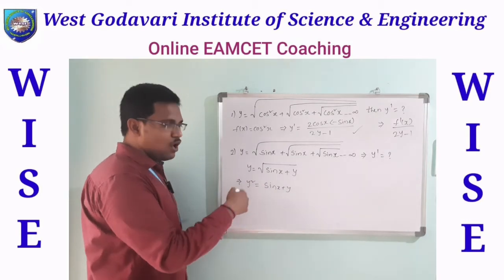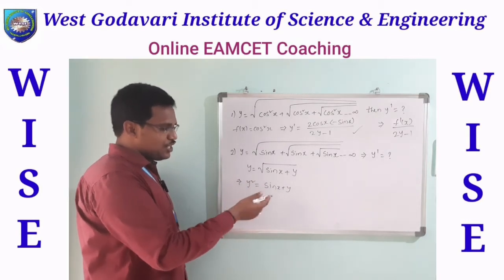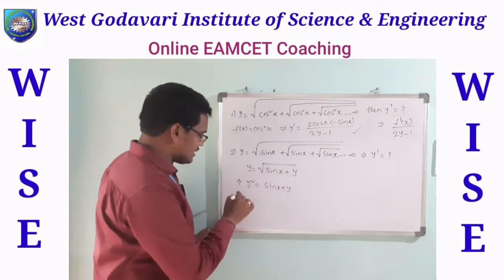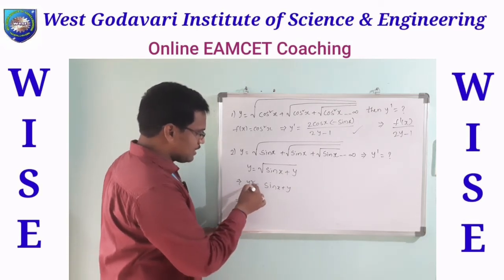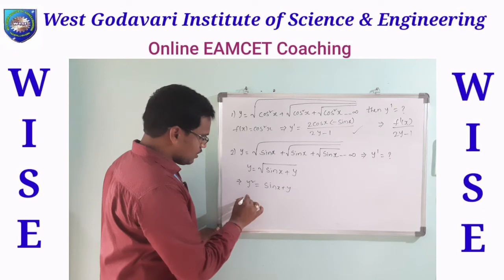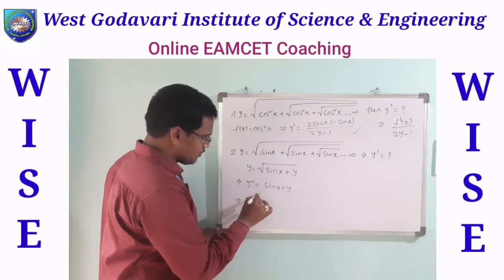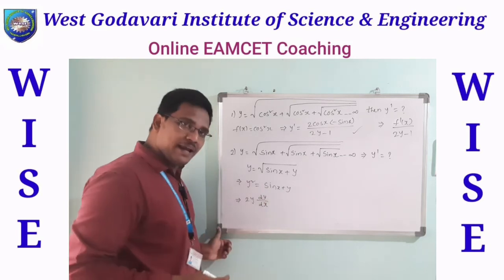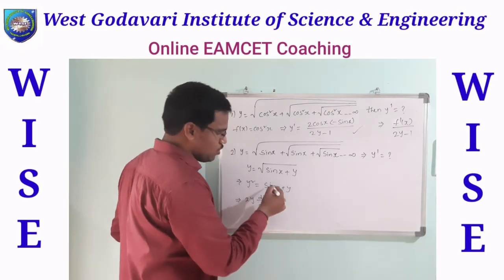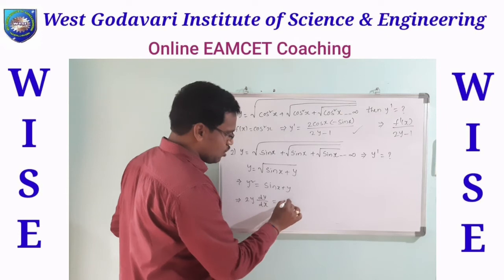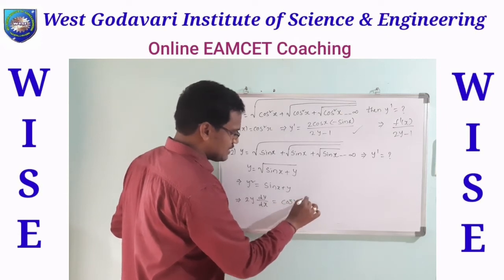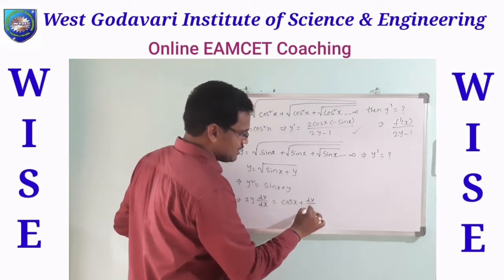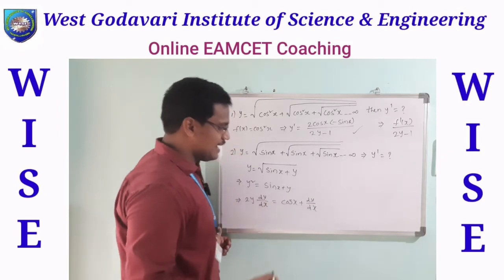So differentiating with respect to x on both sides, d by dx of y square is 2y dy by dx, that is equal to d by dx of sin x, which is cos x, plus d by dx of y, which is dy by dx.